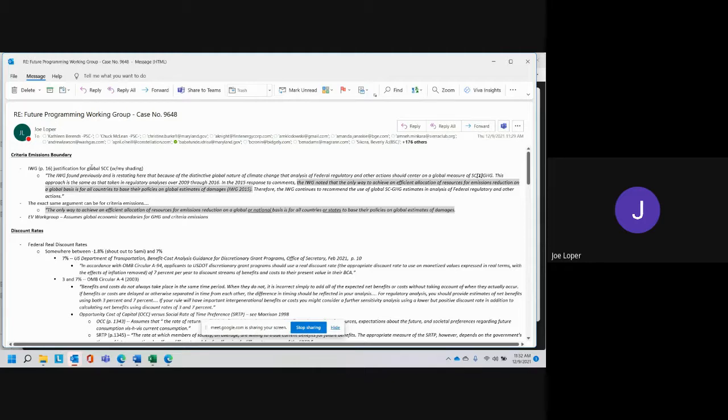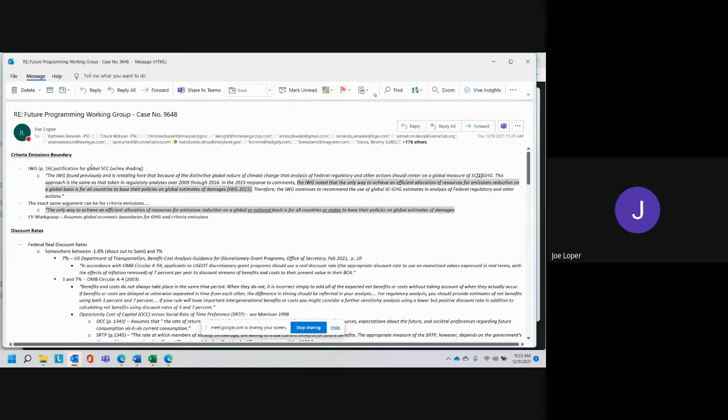And so the reason I'm highlighting that is what I already said: I don't see how the argument for criteria emissions is any different than that. The only way to achieve an efficient allocation of resources for criteria emissions reductions is for all states to base their policy on global estimates of damages.